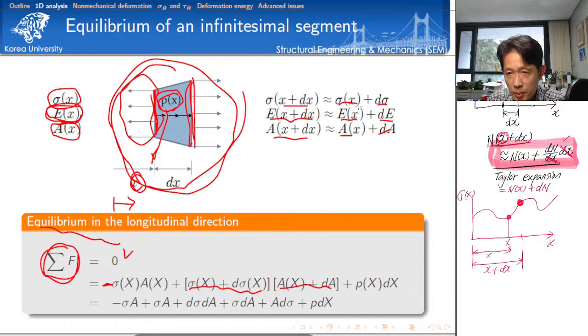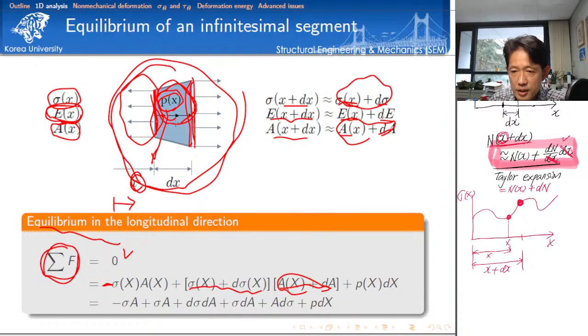We just approximated the normal stress by this equation, and also the cross-section area here, isn't it? And then the distributed load is heading to the right-hand direction. We just consider the external force using this simple formula.